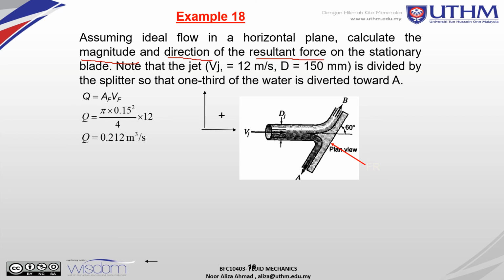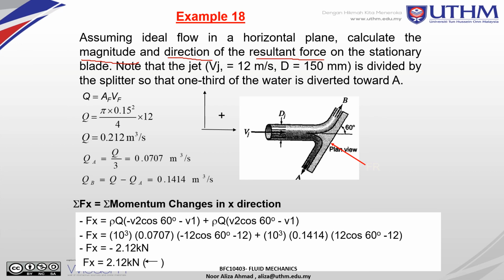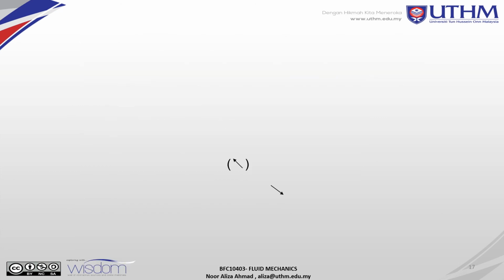First, you must find the flow rate at A, and also the flow rate at B. After this, you use the momentum change in the x direction, and in the x direction you must use cos. So you get Fx as 2.12 kilonewtons.